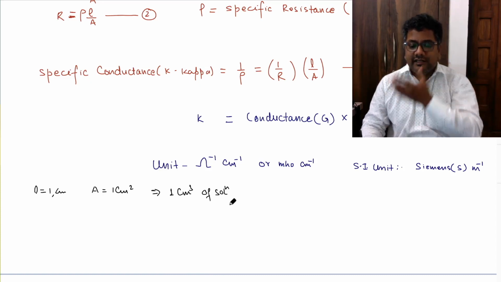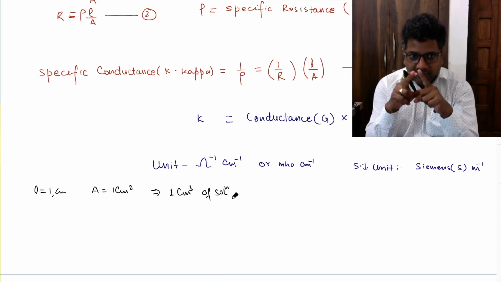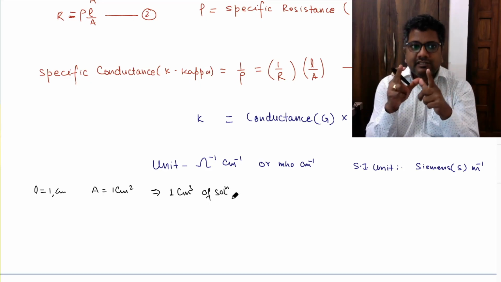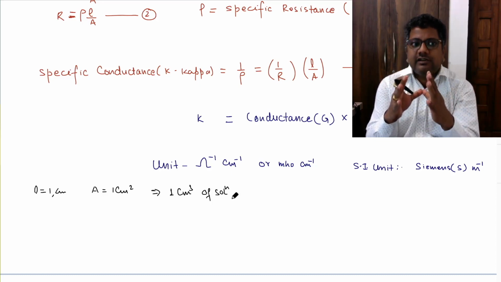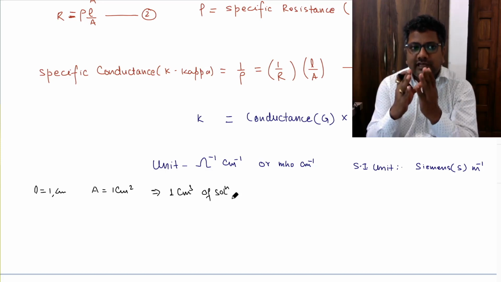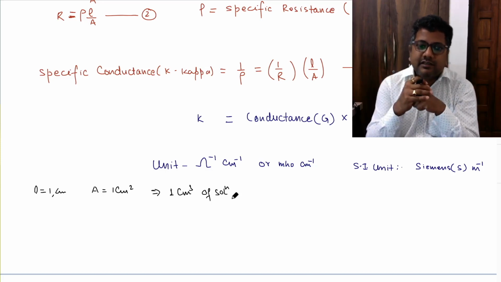So you can say that we have a cube with dimension 1 centimeter, and whatever ions are present in that, whatever conductivity is shown by those ions, that is called specific conductance.